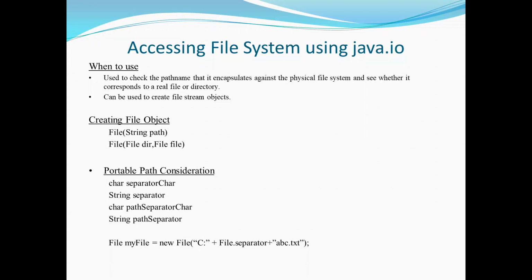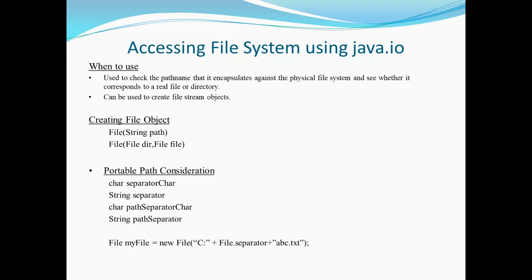So what is the file system actually? The file system means the things related to the files, or you can say the attributes of the files. Attributes means the name of the file, the size of the file, the type of the file. Can we read the file?